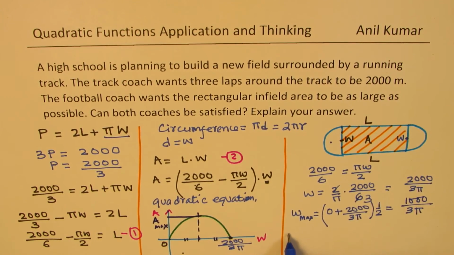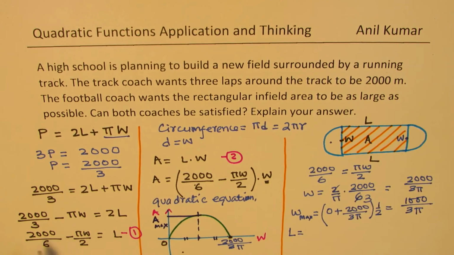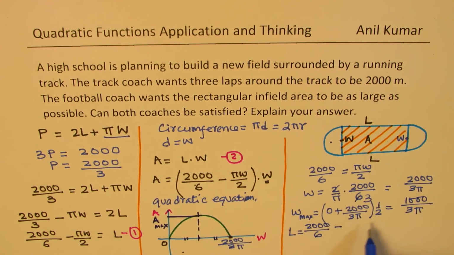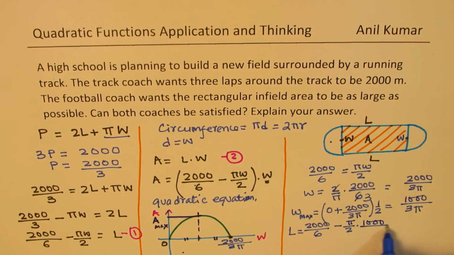Now let's find the length also. Length is 2000 over 6 minus pi times W over 2. Let me write pi by 2 first, times W, which is 1000 over 3 pi.